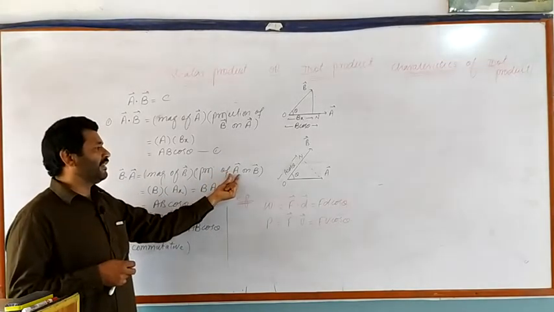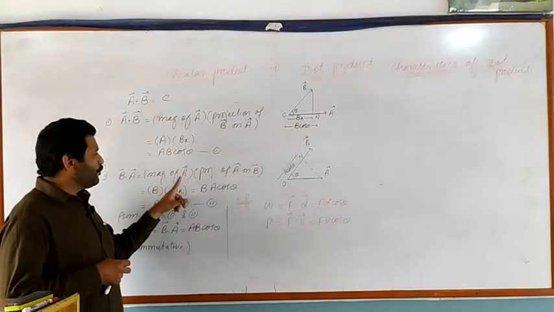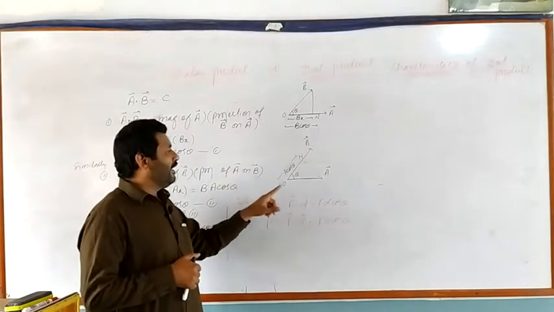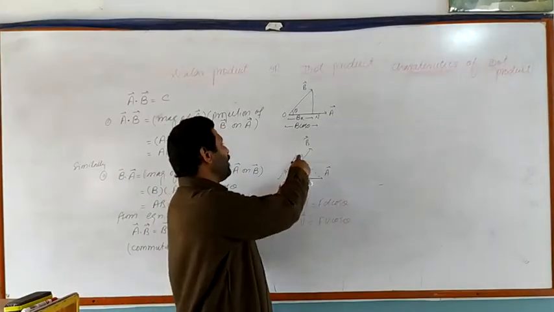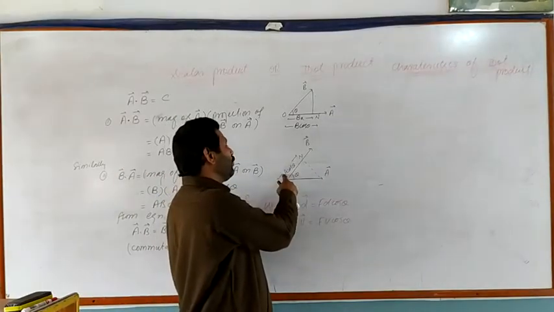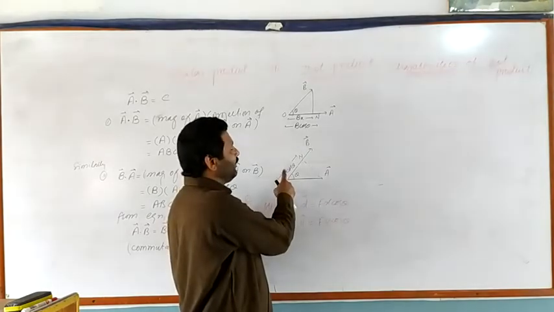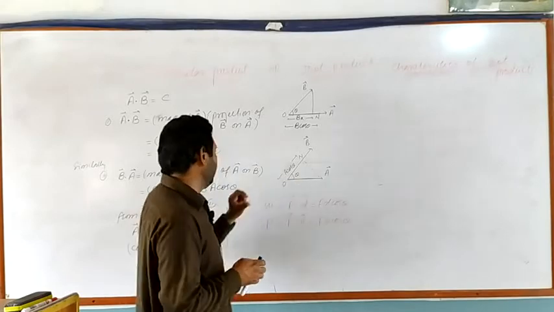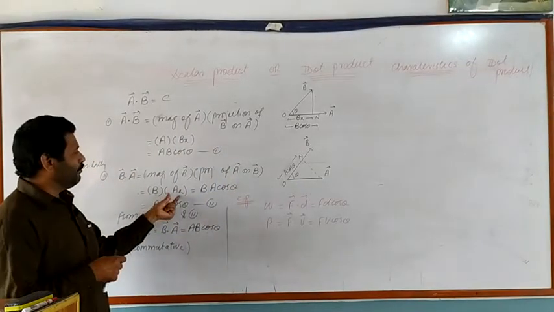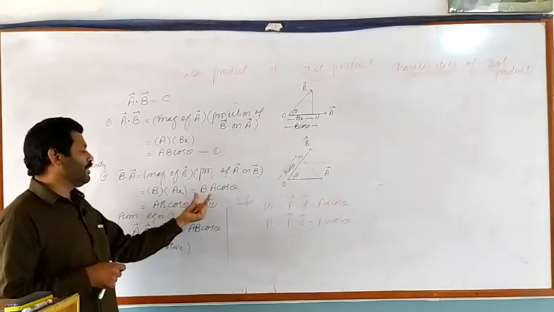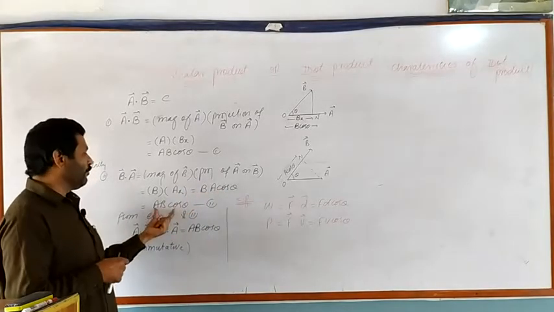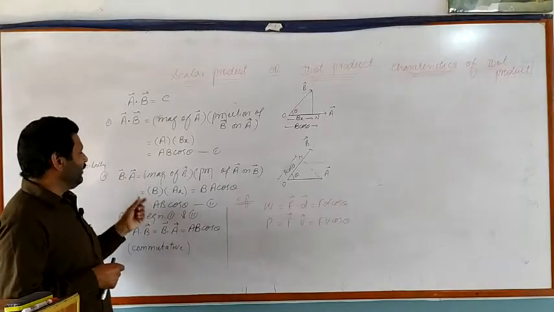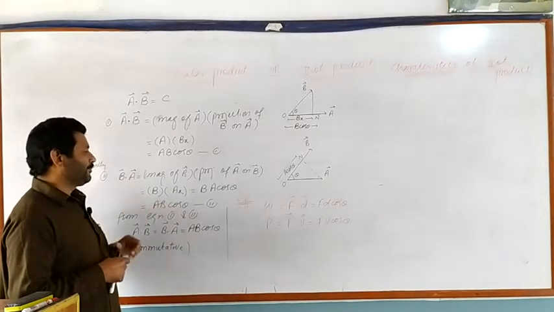The projection of the second vector means vector A on vector B. The magnitude of vector B will be represented by B. For the projection of A, the distance from O to N, which is equal to Ax or A cos theta, is the projection of vector A on vector B. The projection of vector A on B is equal to Ax, where x is equal to cos theta. The resultant will be equal to BA cos theta. We can write vector B dot vector A is equal to AB cos theta.